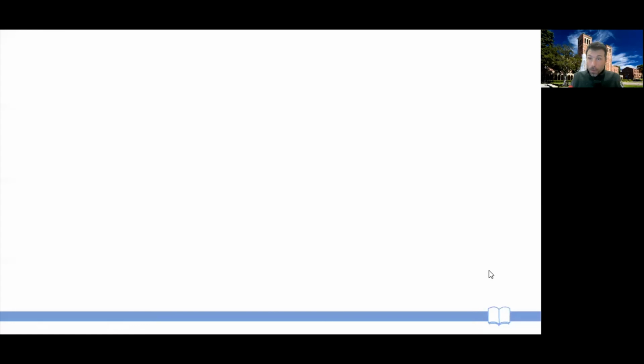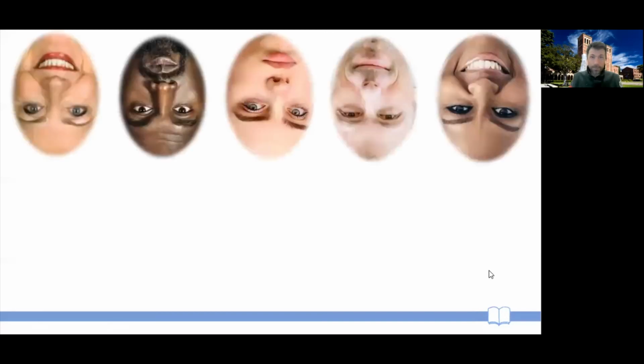Now, the faces are rotated. You will want to rotate your head. Don't do that. Just keep your head straight and look at these images. Tell me if you can recognize them. Don't rotate your head. Just look at the figures. Can you recognize them? If you want more time, pause.